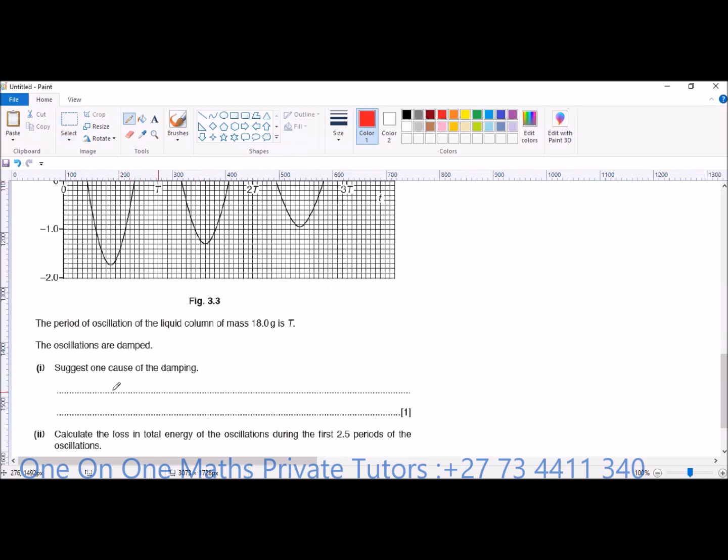Suggest one cause of damping. I would suggest friction between the walls of the U-tube and the liquid, because as the liquid oscillates, it's rubbing against the walls of the U-tube.